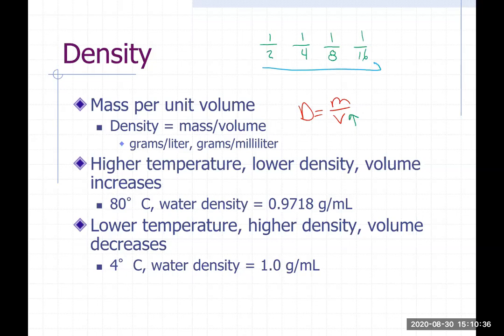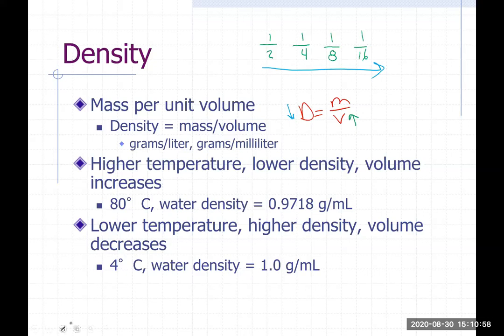As we increase the bottom, what we're doing is decreasing the ratio. That ratio is equal to the density. And so that means that the density is going to decrease if we increase the denominator of mass over volume.